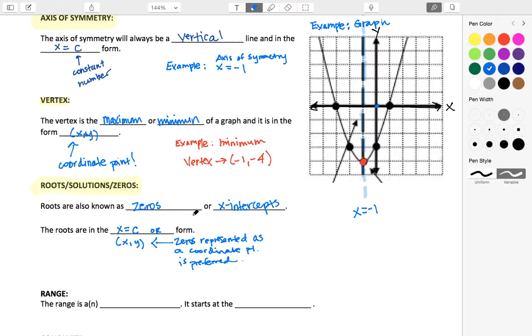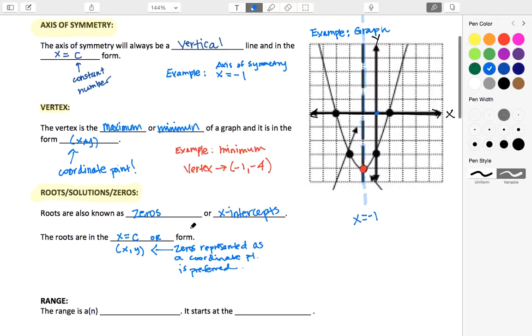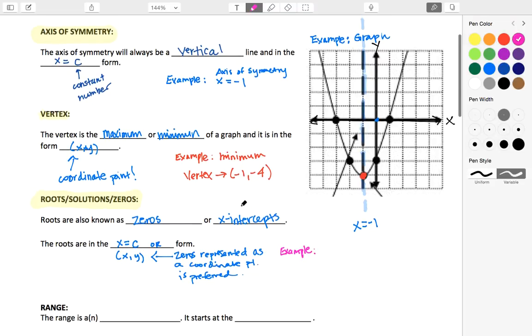Okay, so then let's go ahead and identify the roots in our example here. This is the example. I'm just keeping the colors the same. So we go ahead and find our zeros or x-intercepts, and they already have that labeled for us. So here's one root.